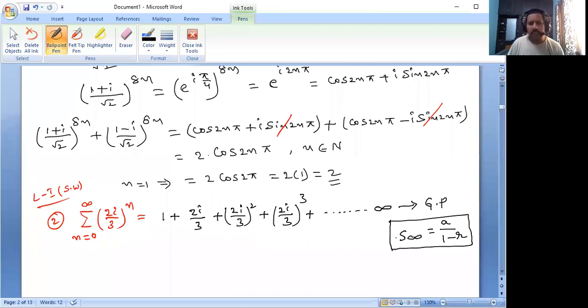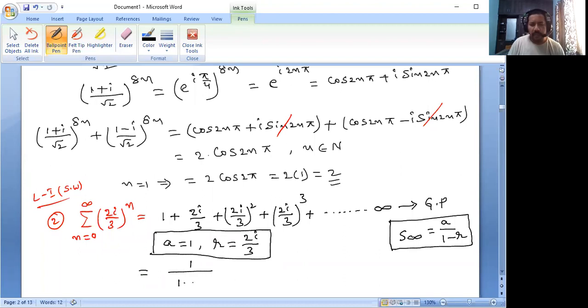Okay. a means first term, that is 1. r is the common ratio, that is 2i by 3. Now use the formula. These are a and r values by observing the series. 1 by 1 minus 2i by 3.